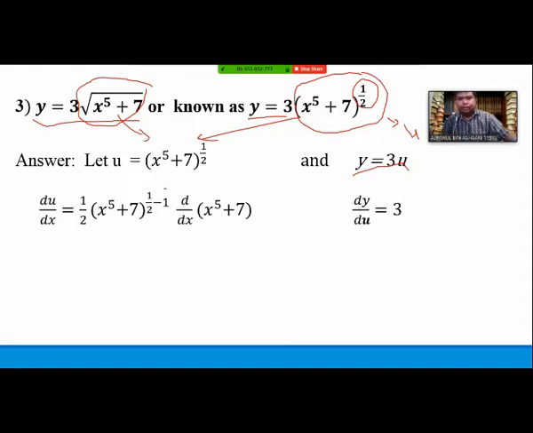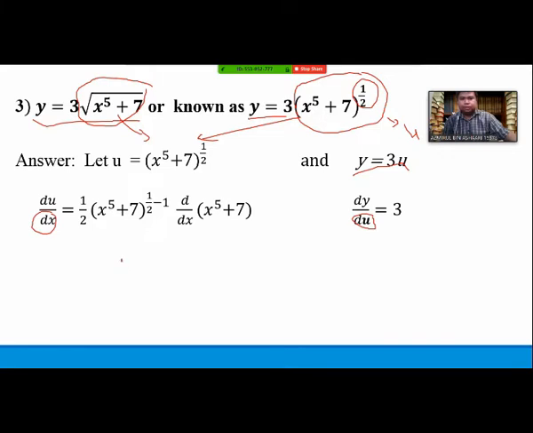Okay, for this case, we find that u and y, so we differentiate u to the x, and meanwhile for y, differentiate for u.